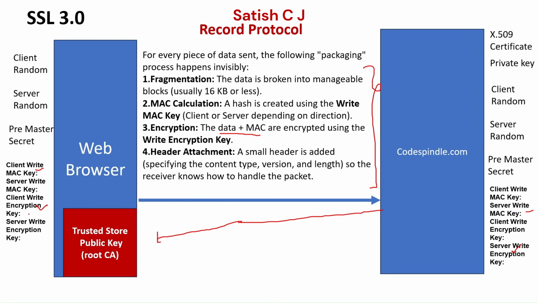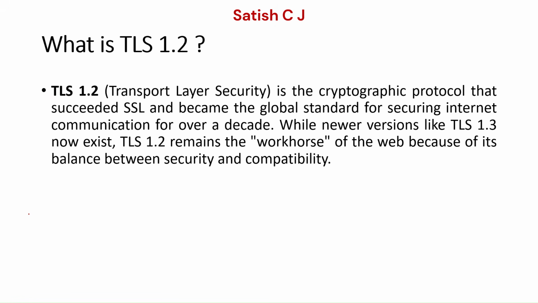So this is how the record protocol works. So we have taken a look at Secure Socket Layer 3.0. This protocol became obsolete and then it was succeeded by TLS 1.2. What is TLS 1.2? It is Transport Layer Security, and it is the cryptographic protocol that succeeded SSL.